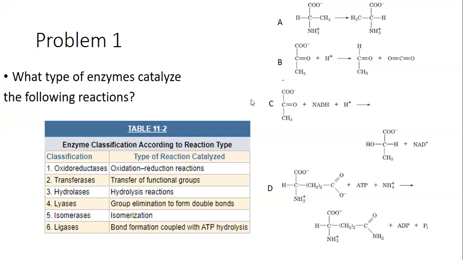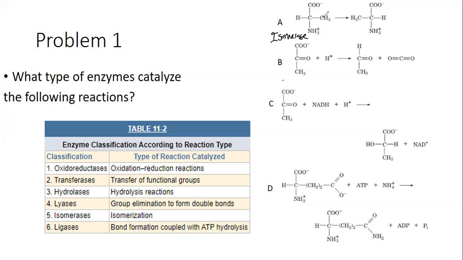Well, this told me one thing: people aren't confident in their chemistry, which is okay. That's why I asked this question. So A is an isomerase. It is not a transferase because I'm not transferring a group from one place to another.